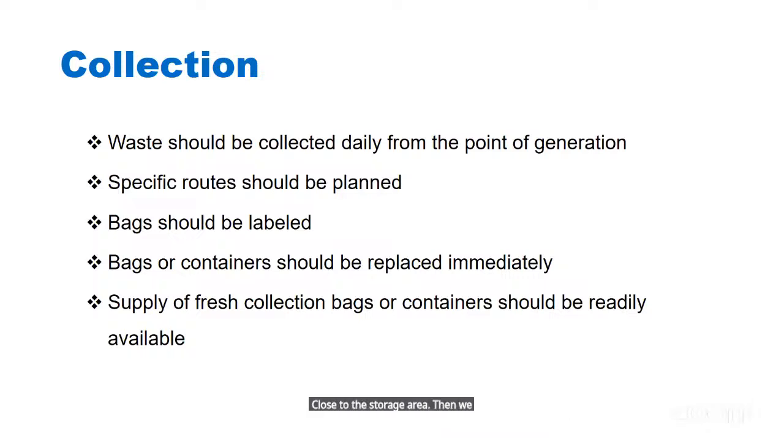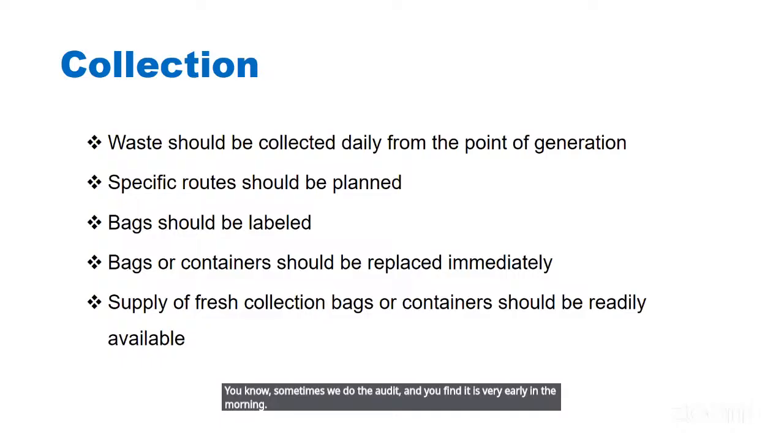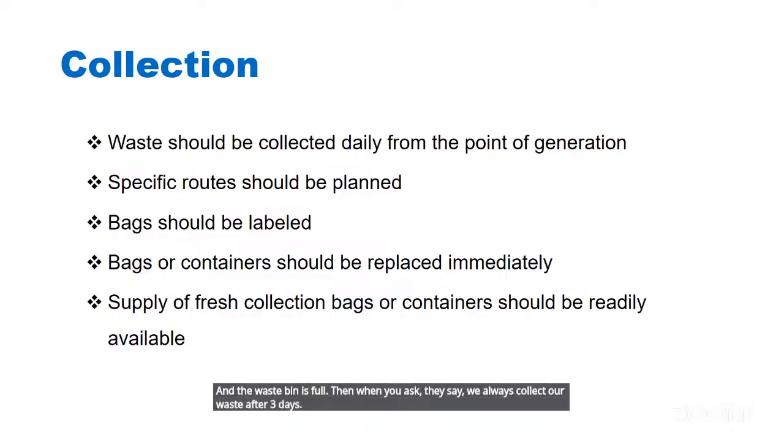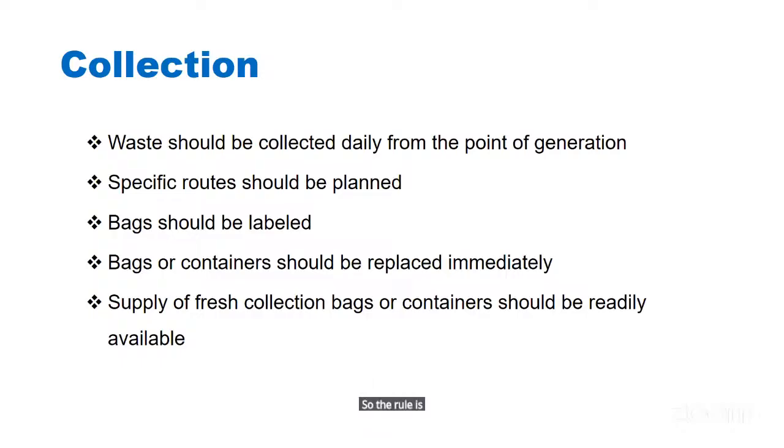Then we have the collection of the waste. The waste should be collected daily from the point of generation. Sometimes you do the audit and you find it is very early in the morning and the waste bin is full. Then when you ask, they say, we always collect our waste after 3 days. So the rule is waste should be collected daily from the point of generation.